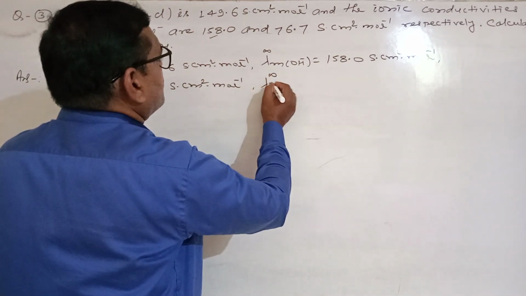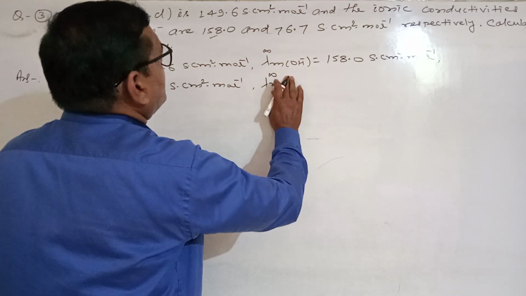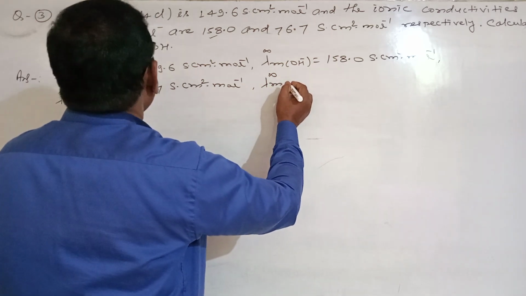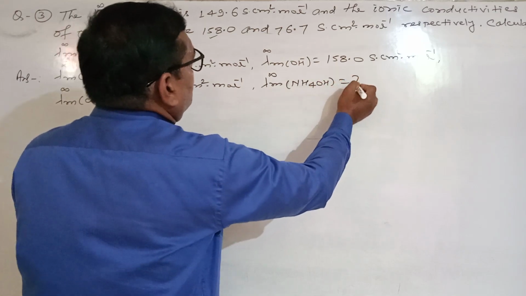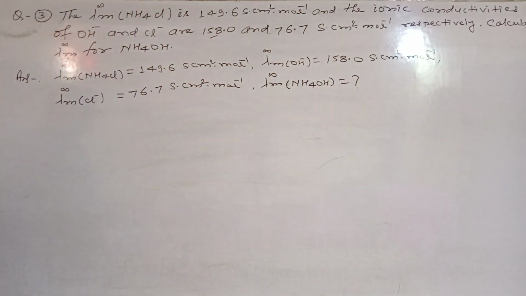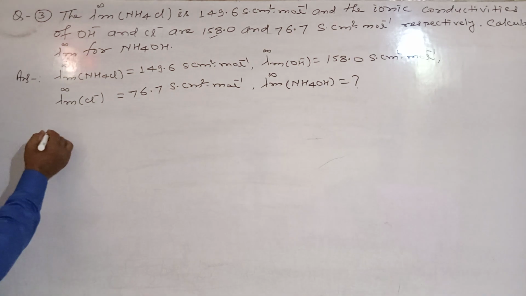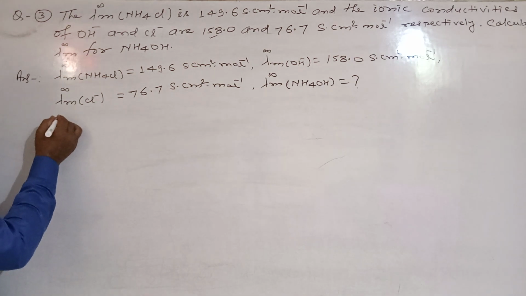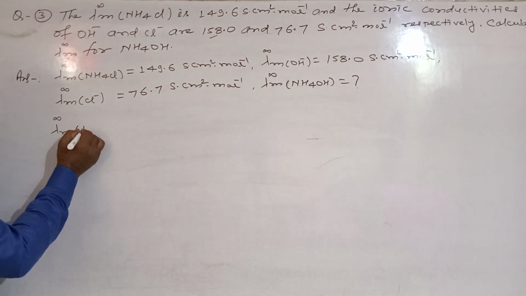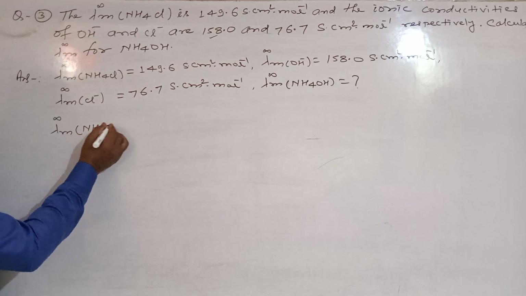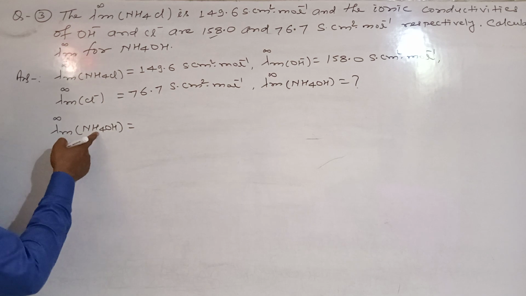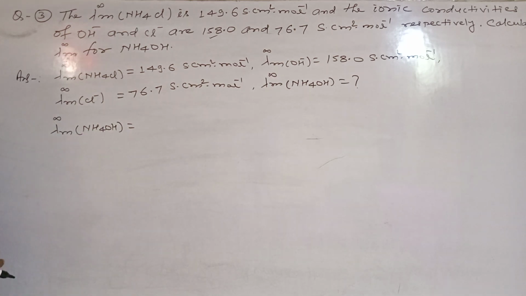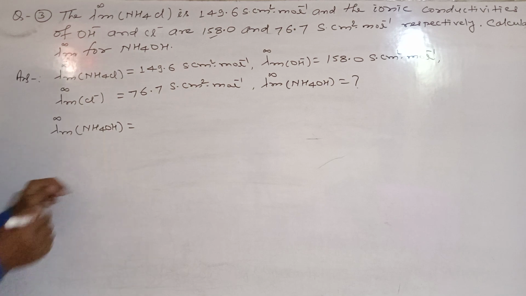The question asks: lambda infinity m of NH4OH is equal to what? Here we write lambda infinity m of NH4OH is equal to... NH4OH is made by ammonium ion and hydroxyl ion.